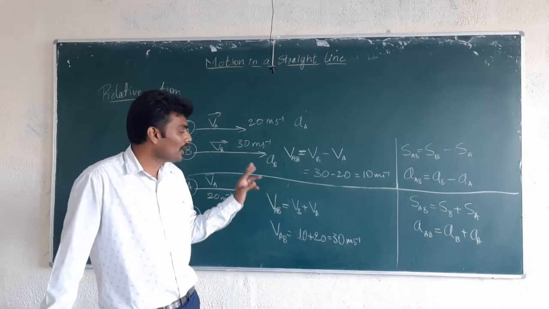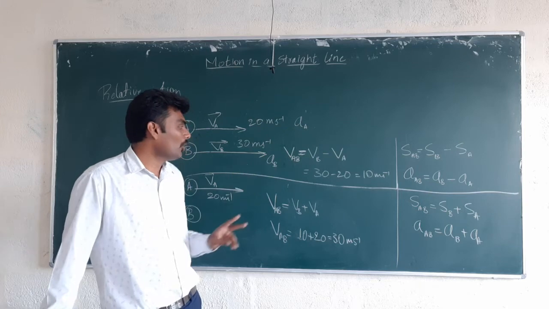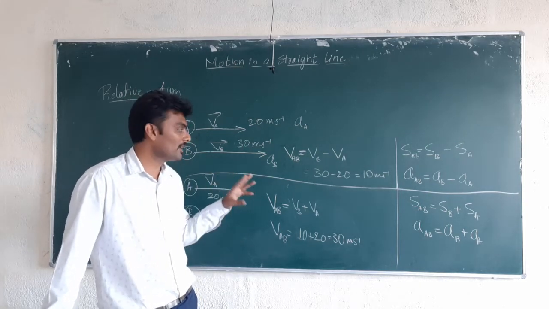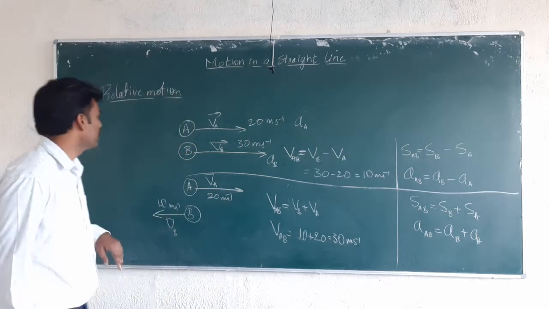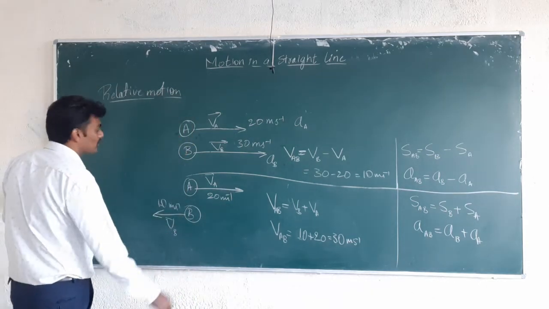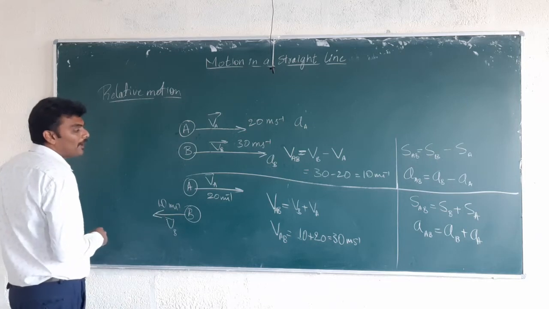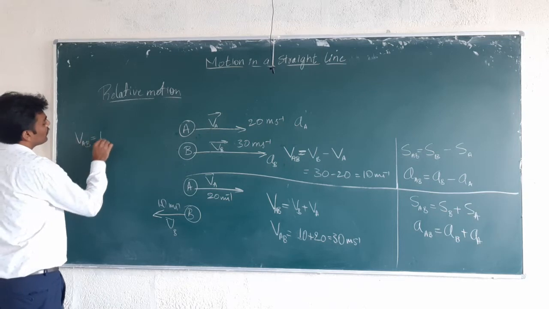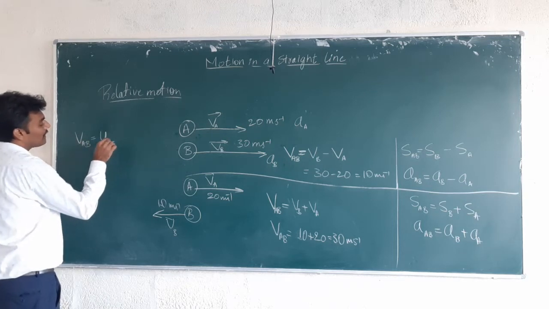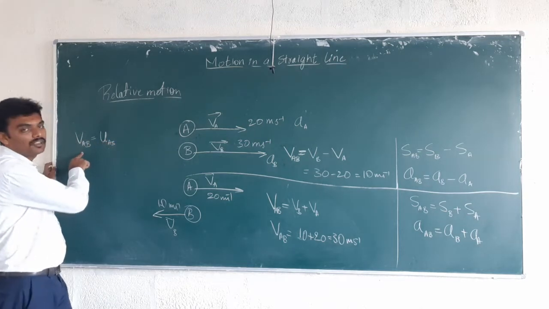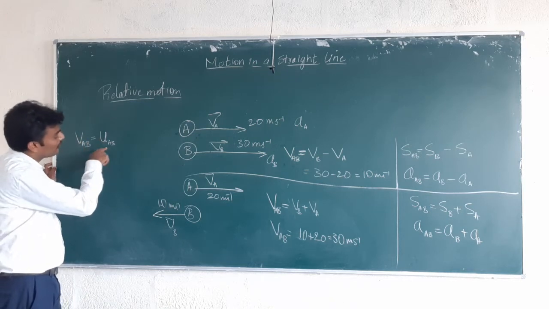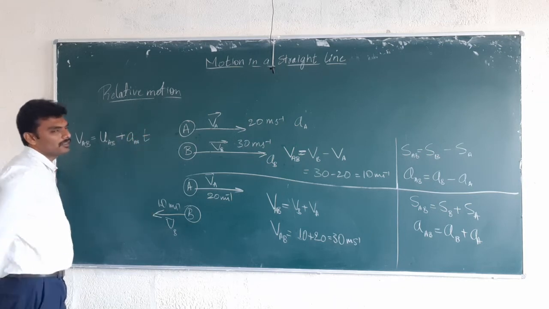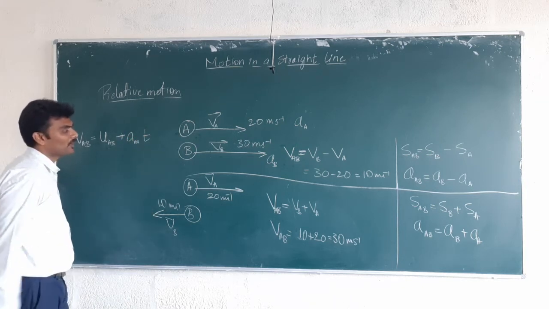But even when we have two bodies under relative motion, the equations of motion are valid, and hence the equations of motion become VAB is equal to UAB, relative final velocity is equal to relative initial velocity plus AAB times T. Time taken will be same, no need to worry about it.